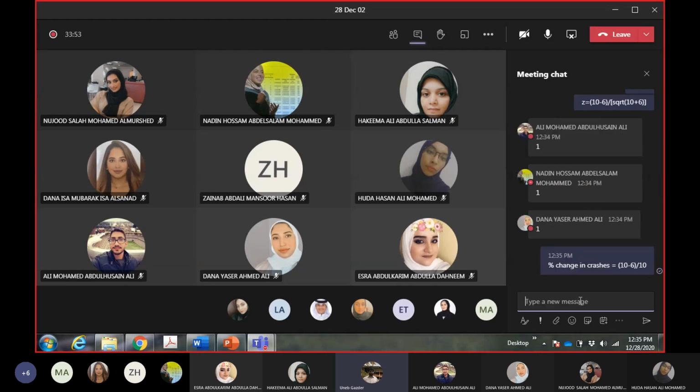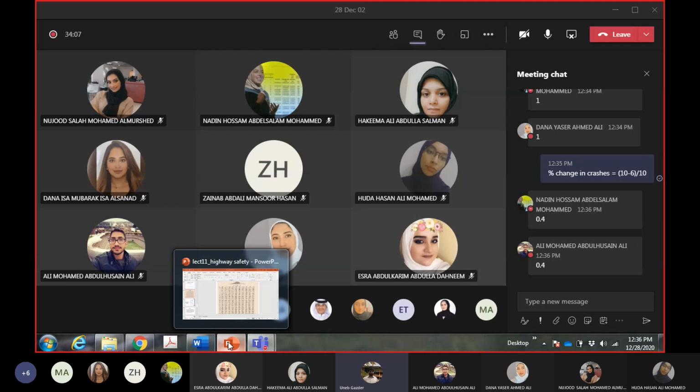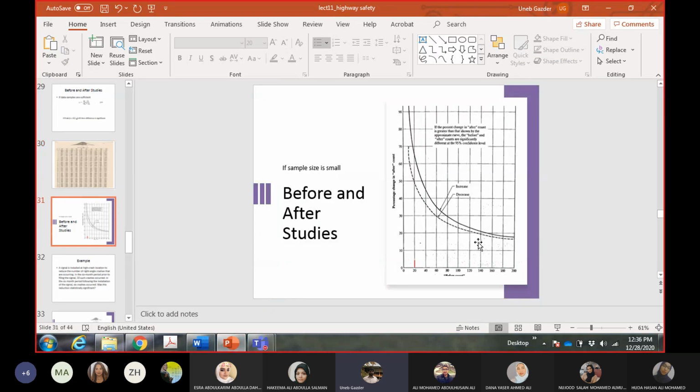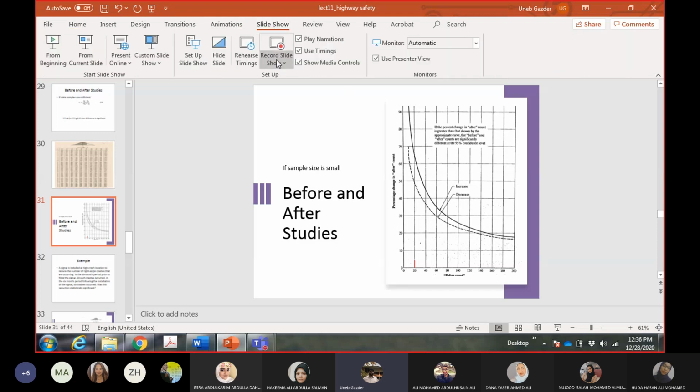How much is it? So 0.4 means 40%, right?